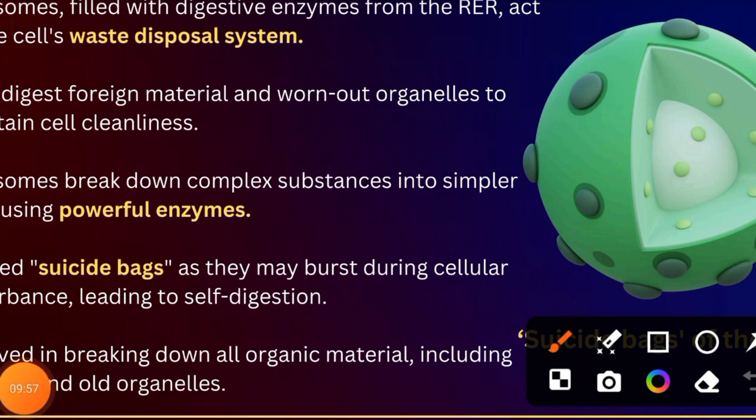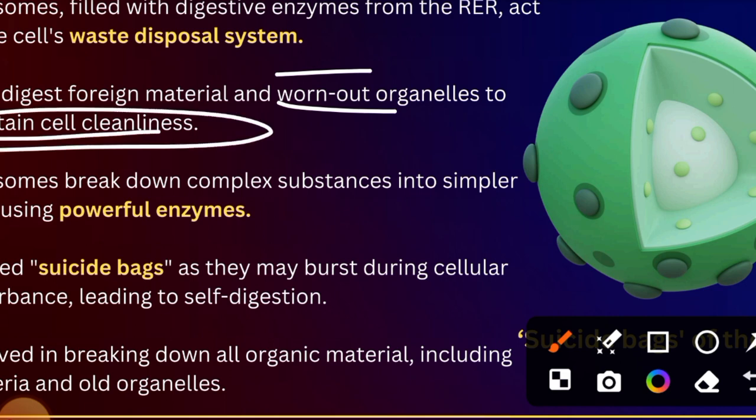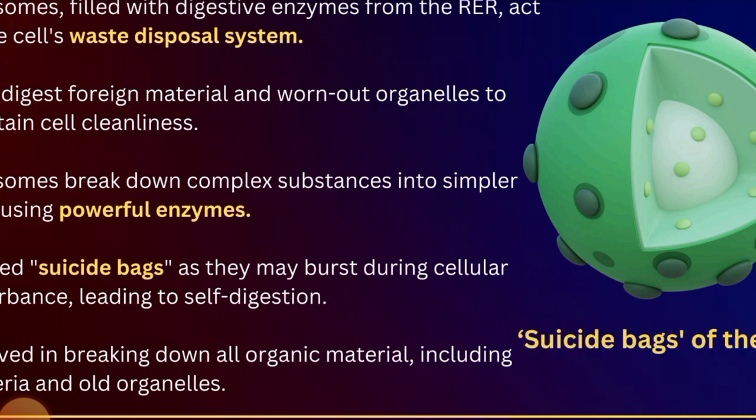If any foreign material is there, let's suppose viruses or bacteria enter inside the cell, these lysosomes will help digest them. And the worn out organelles, like old organelles, it will just digest them and maintain cleanliness inside the cell, otherwise it will create havoc inside the cell.